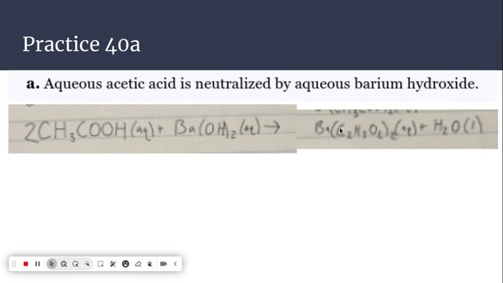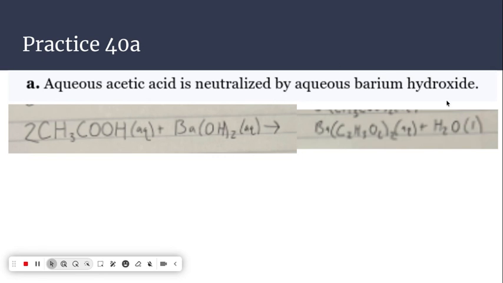Okay, so it's a little blurry, but you have your 2 acetic acids combine with the barium hydroxide, and in these you have your acid and your base, so they're going to form a salt and then water. And you have your H2O over here, and that's going to take the hydrogen from the end of this carboxyl group and these hydrogens over here.